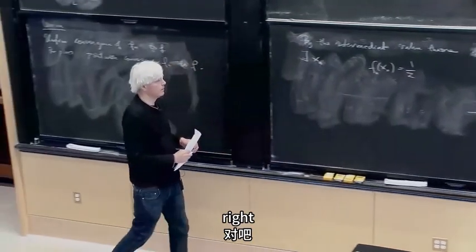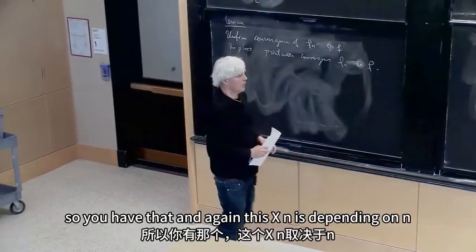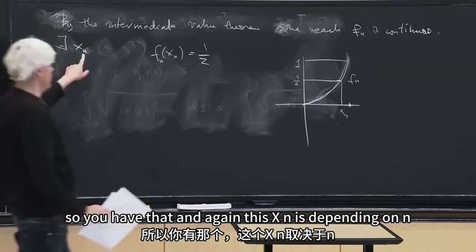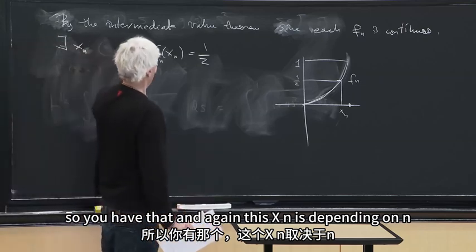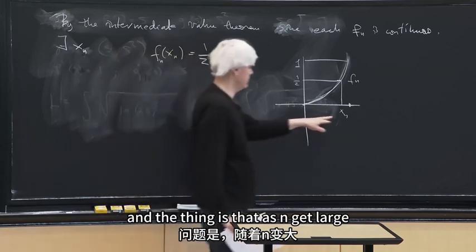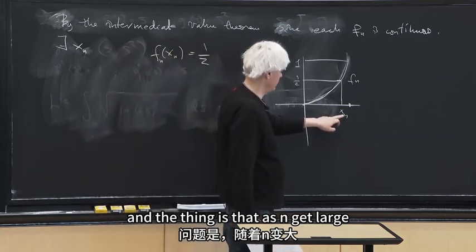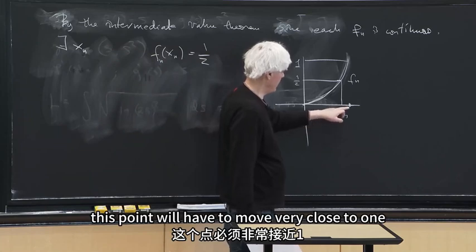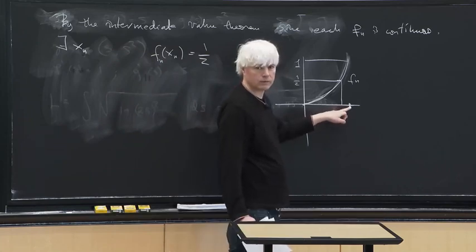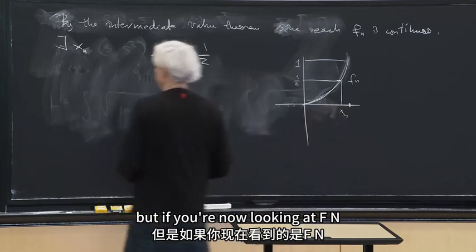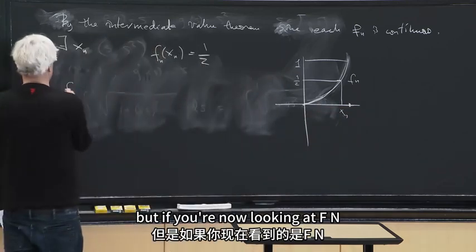Right? So you have that, and again, this xn is depending on n. And the thing is that as n gets large, this point will have to move very close to 1.